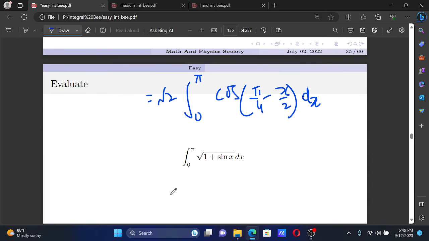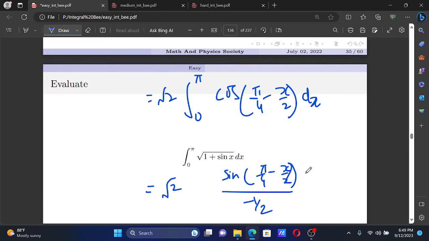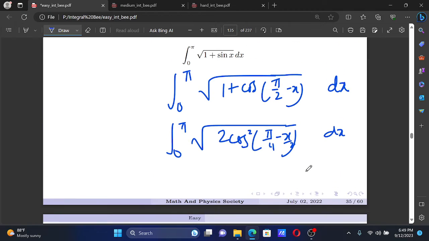Now this will be root 2 times sine of (pi by 4 minus x by 2) divided by minus 1 by 2, from 0 to pi, is it?